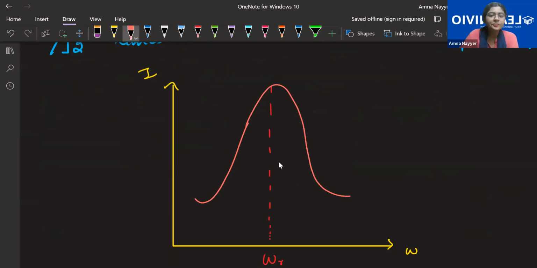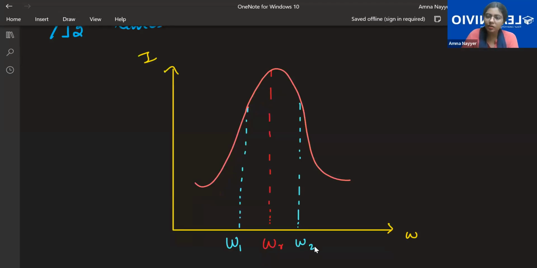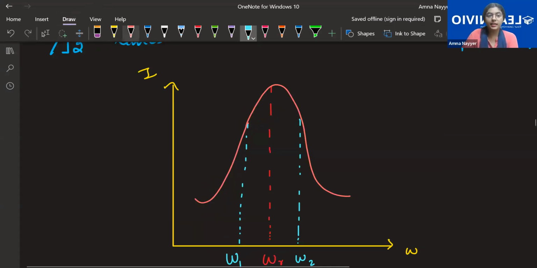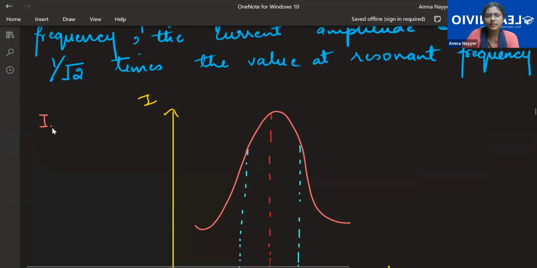Now see, here I'll mark two more points on either side of it. A value just before this and a value just after this, omega 1 and omega 2. The maximum value of the current, let's say this is some I naught, becomes I naught by root 2.